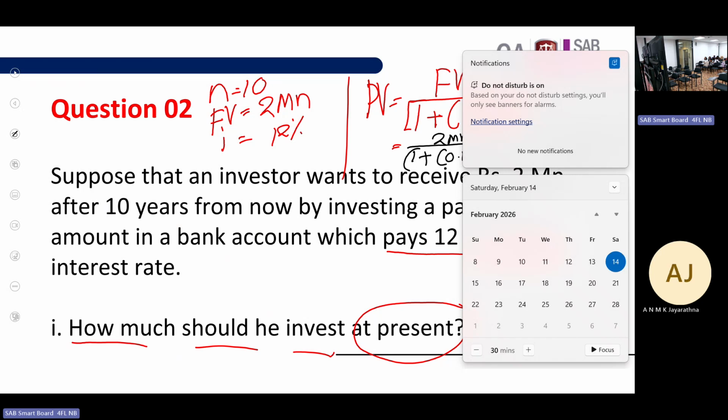How can we calculate future value? Future value equals P0 plus simple interest. Present value equals future value divided by 1 plus interest times n.